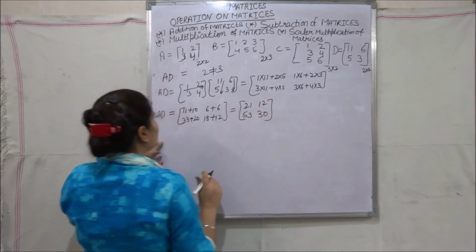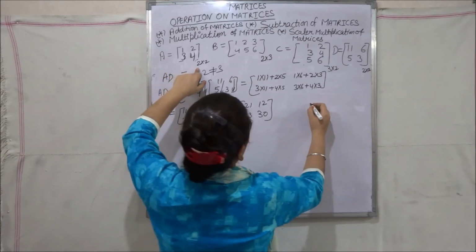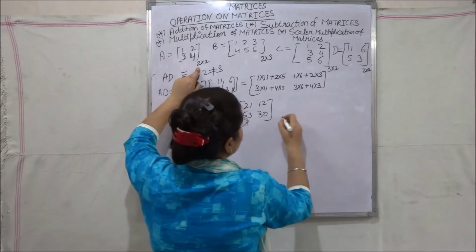So it is a 2 cross 2 order matrix, as m into q is 2 cross 2.